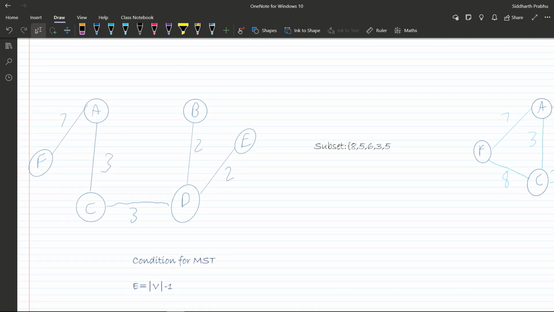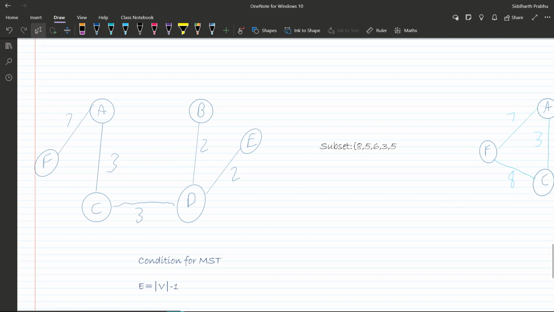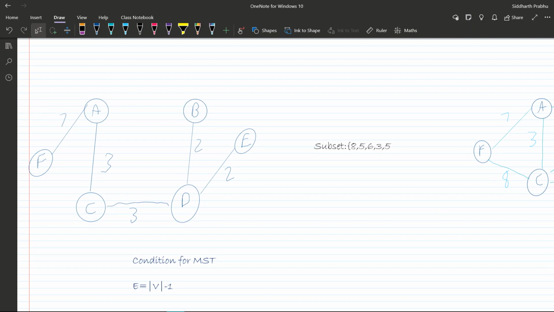As all the vertices have been considered, the subset will no longer be used, and this is the final minimum spanning tree using Prim's algorithm.